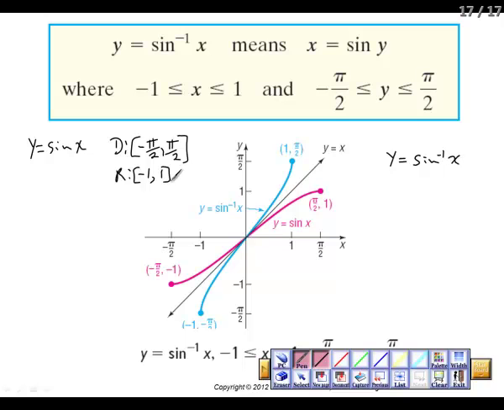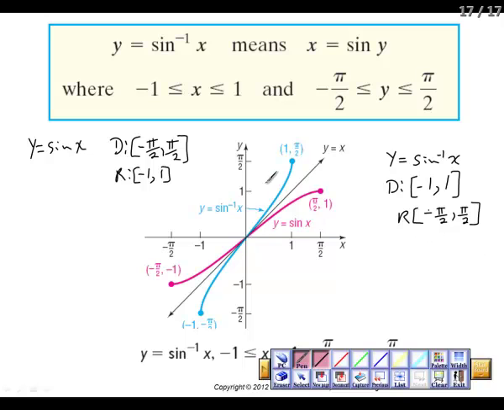just think of it this way. What was the range for sine is the domain for its inverse. So the domain for the inverse sine is negative 1 to positive 1. And what was the domain for sine is now the range for inverse sine, so that would be negative pi over 2 to pi over 2.